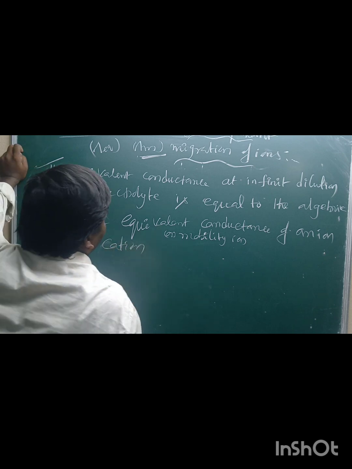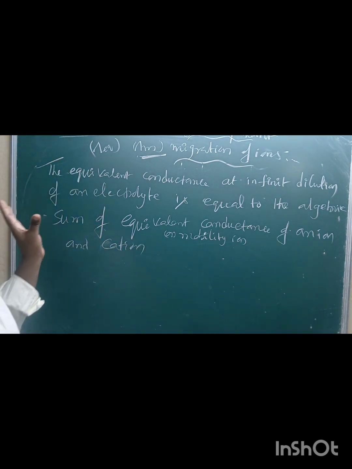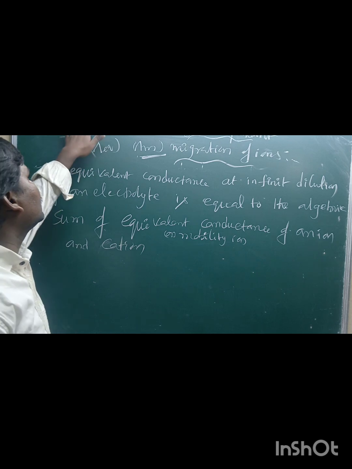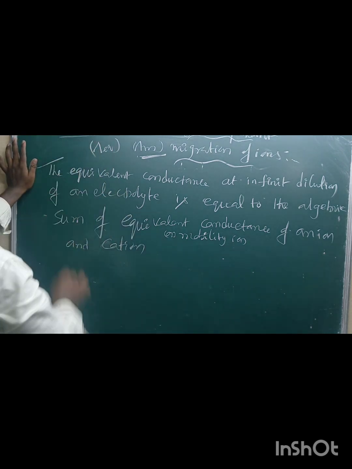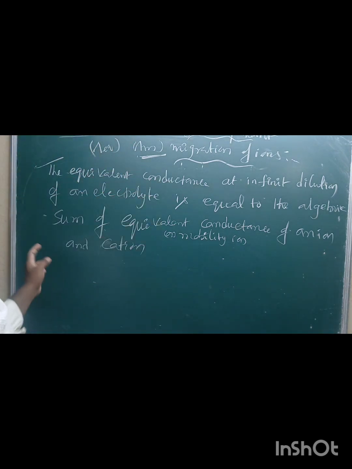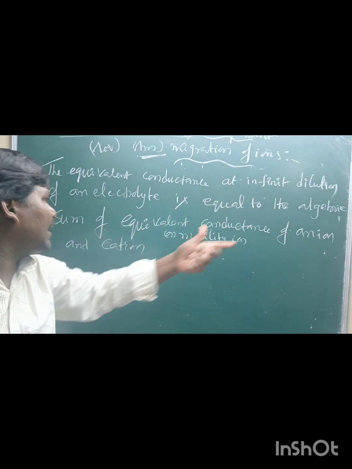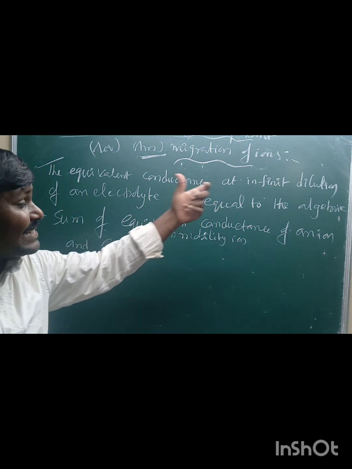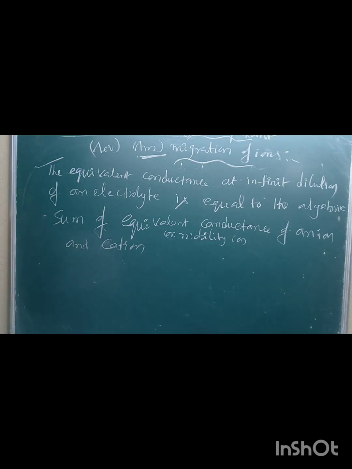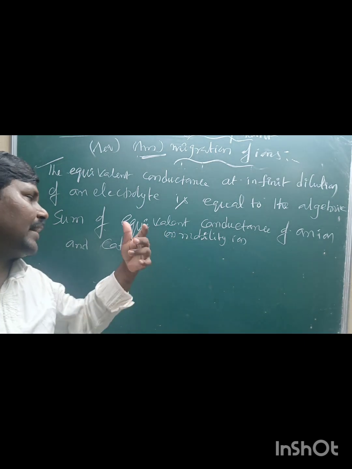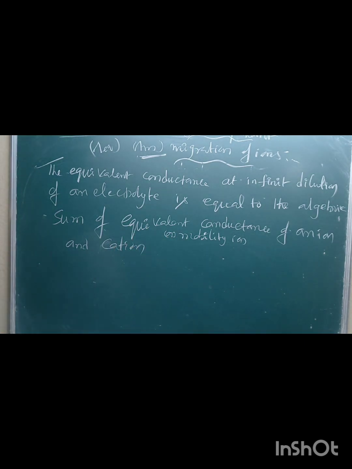This is called the Kohlrausch law of independent migration of ions. The equivalent conductance at infinite dilution of an electrolyte is equal to the algebraic sum of the equivalent conductance of an anion and a cation.